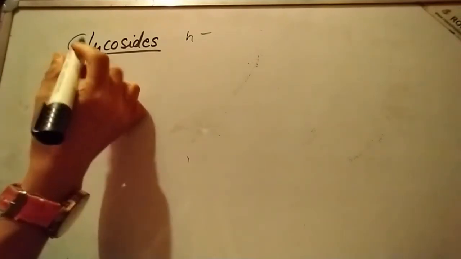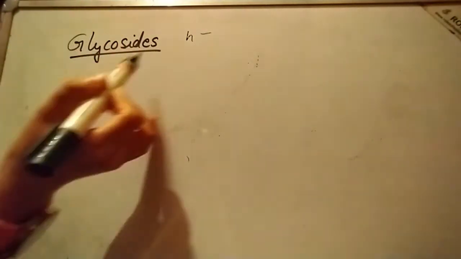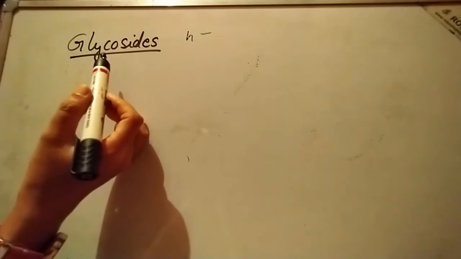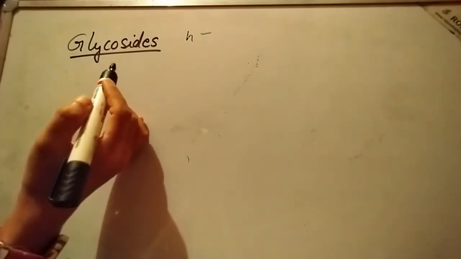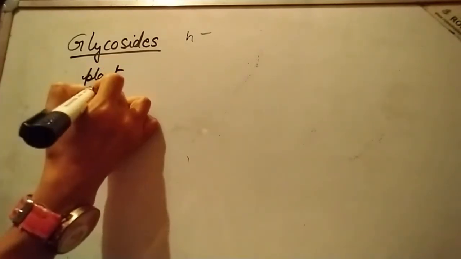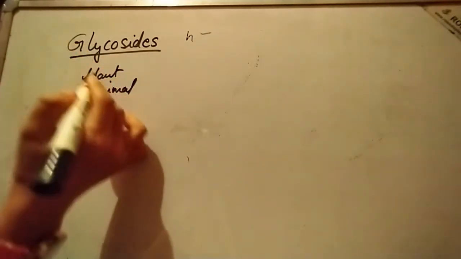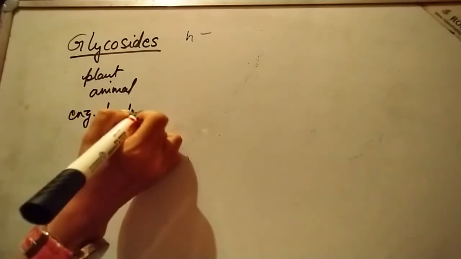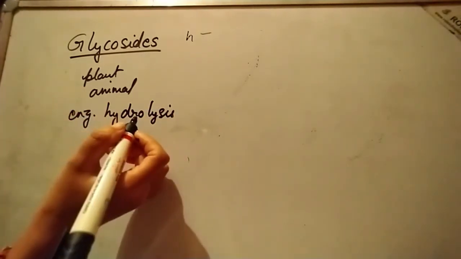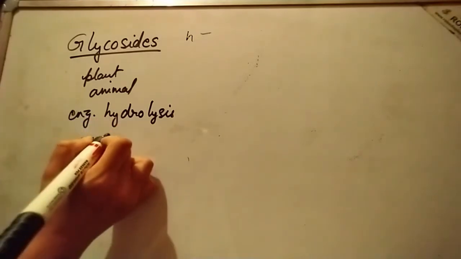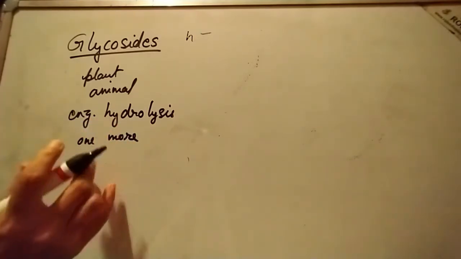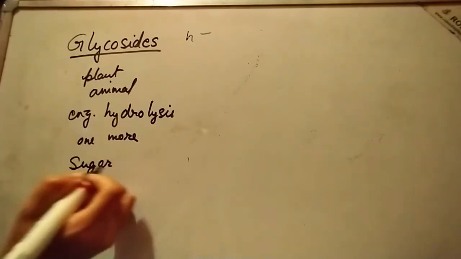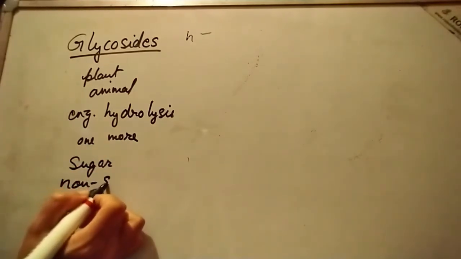Next in this video, I would also like to talk a little bit about glycosides. What actually are glycosides? Glycosides are organic compounds from plant and animal sources which on enzymatic hydrolysis give one or more sugar moieties along with a non-sugar moiety.